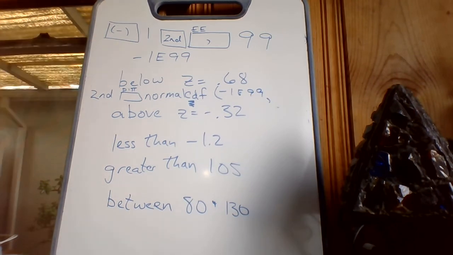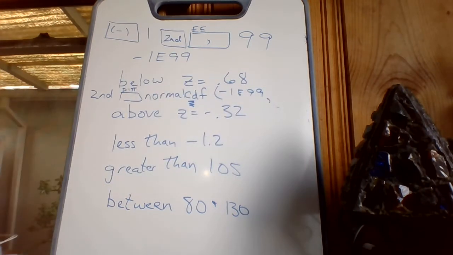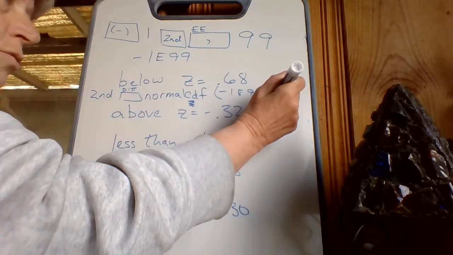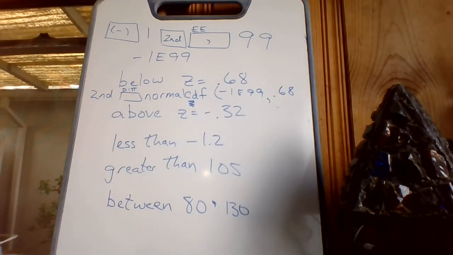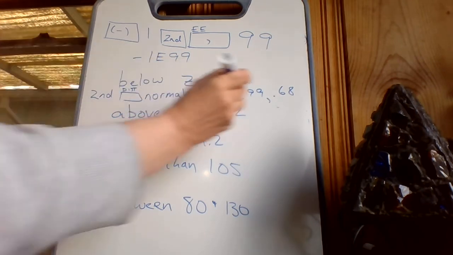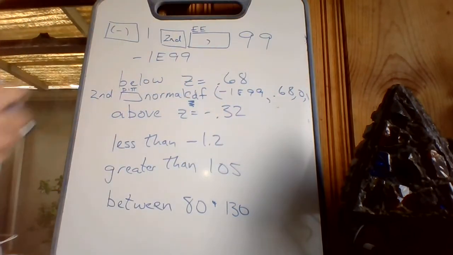Then after that, it's either asking for upper bound, or it's not asking for anything and you just have a blank space. Either way, that's where my 0.68 goes. And then underneath that, it says mean, and then standard deviation, or my calculator doesn't ask anything. You put in the mean, which is 0, and the standard deviation, which is 1.